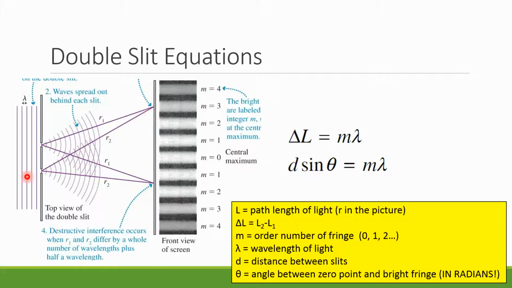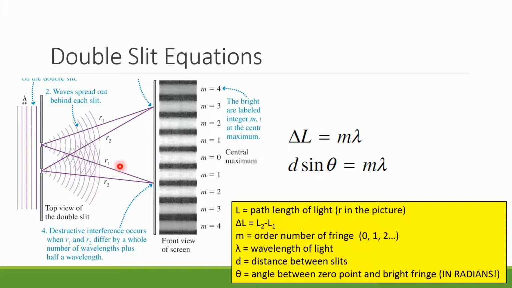So in this picture, they're labeled by R1 and R2, but in the equation, it's using L. It's just the length from the slit to the fringe. This length R2 and this length R1. So R2 minus R1 is our delta L. Delta L is L2 minus L1, or R2 minus R1.